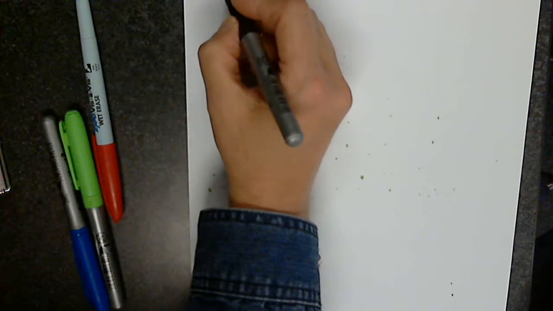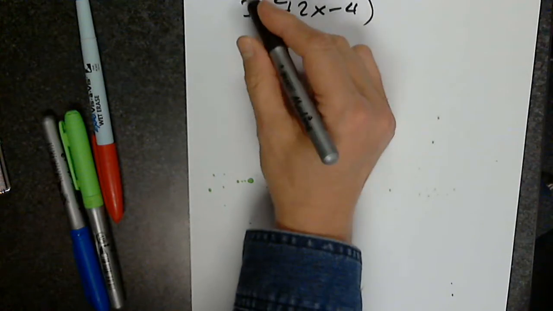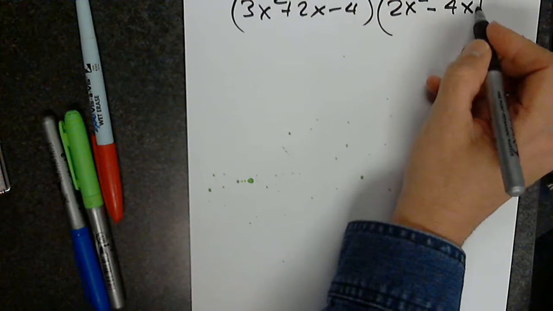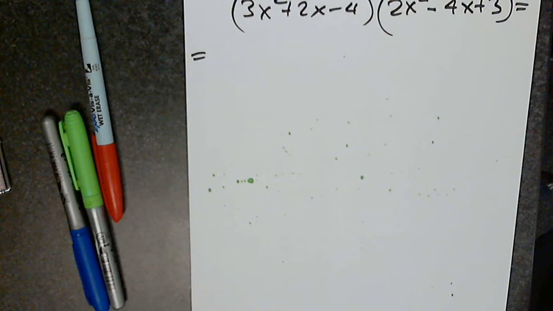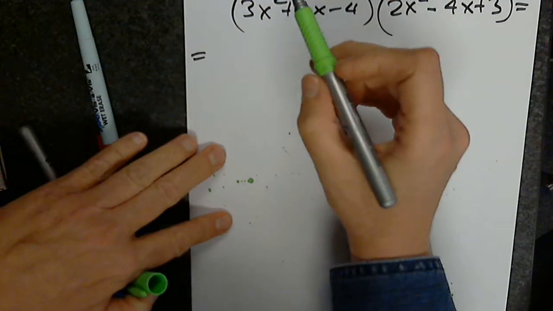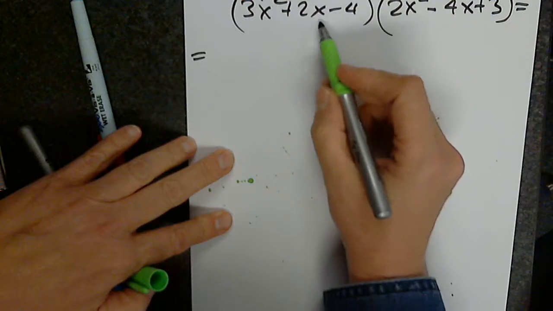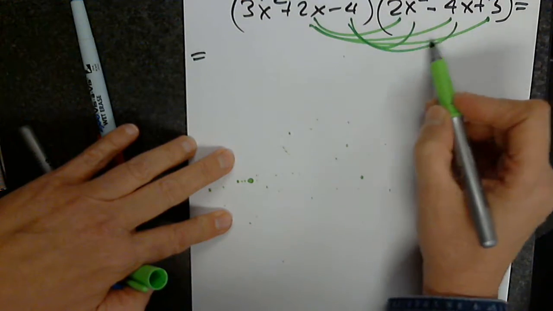Problem 69: 3x squared plus 2x minus 4 multiplied by 2x squared minus 4x plus 3. What am I multiplying now? Two trinomials. I'll let you do it, but I want to make sure you understand that I have to distribute 3x squared to 3 terms, 2x to 3 terms, and at the end negative 4 to 3 terms.